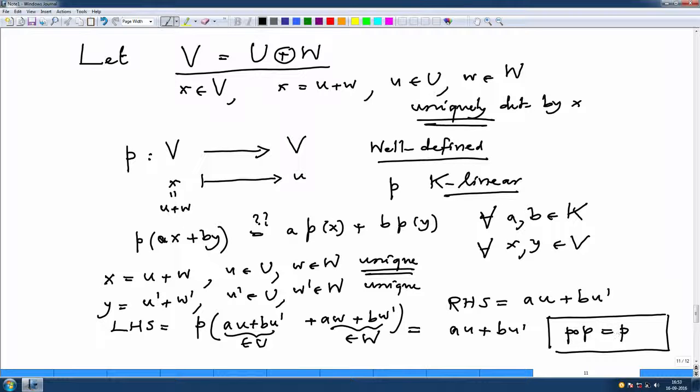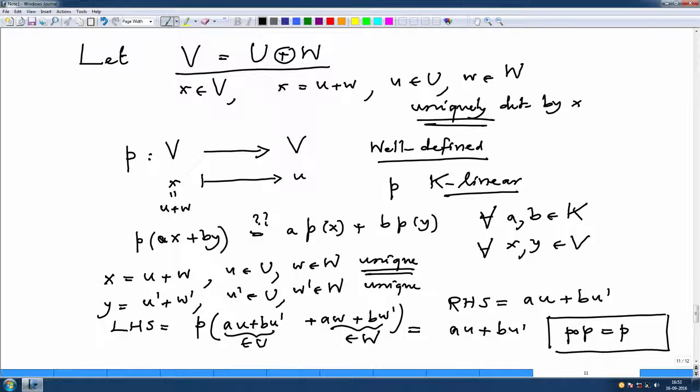So P of x is by definition that U. Once more if I apply P, because U is already in U now, the unique decomposition of U is U equal to U plus 0. So therefore by definition of P, P of U will be U. So that checks P compose P is P.